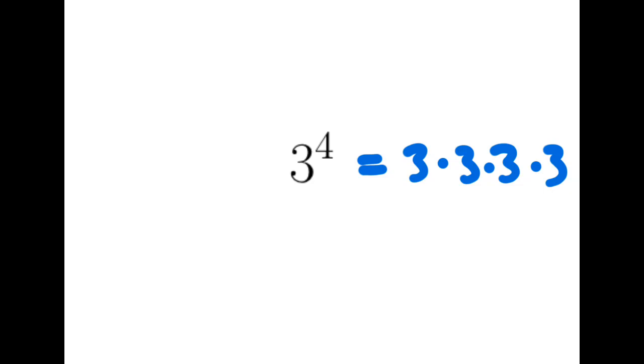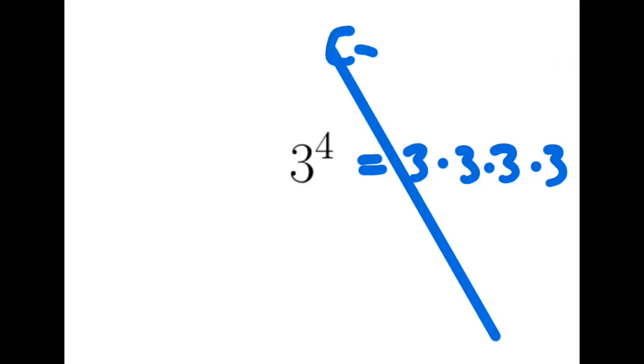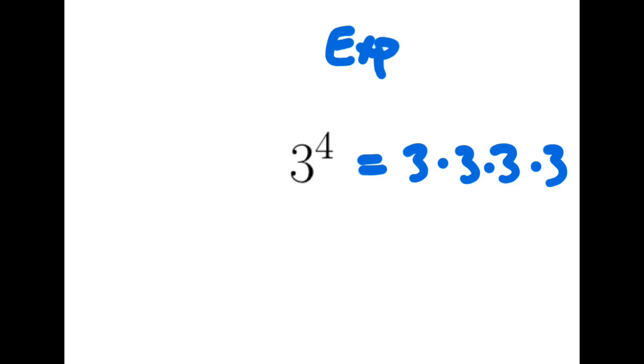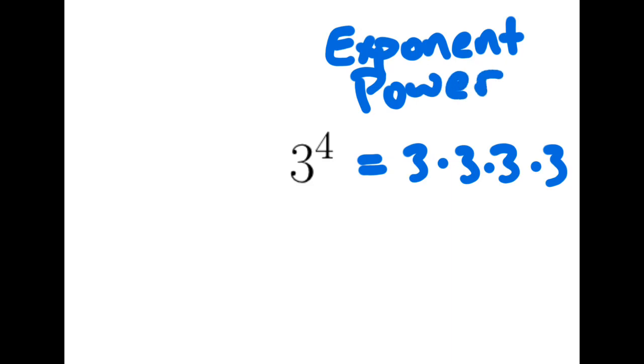The 4 is the exponent, or you could also call it the power because it's 3 to the 4th power. The 3 is the base of that exponent or power.